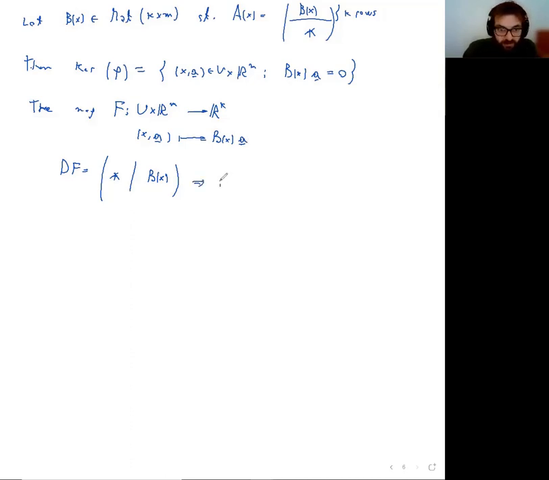So it has rank at least k, because this part is rank k, and then maybe we get something more here in principle. But k is the maximal rank, simply because we're going into R^k.